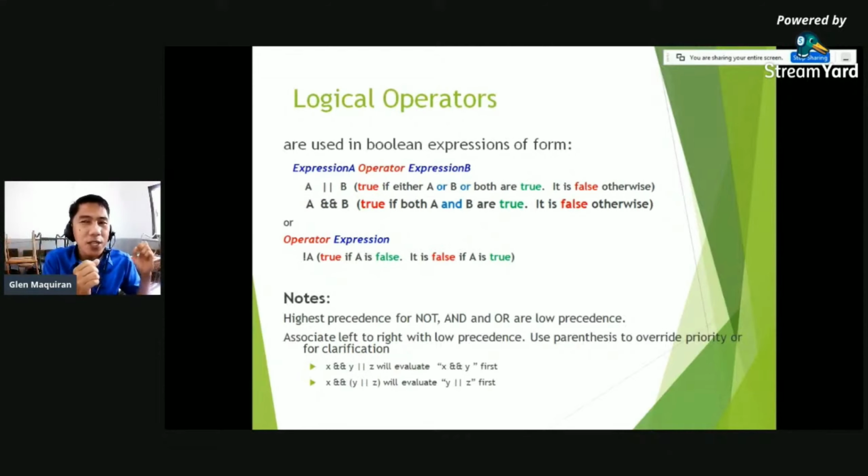Dapat, ma-meet mo yung condition or expression when we say flower and chocolate. So, kung nagdala kag flower, pero walay chocolate, the program will not be satisfied, it turns into false.